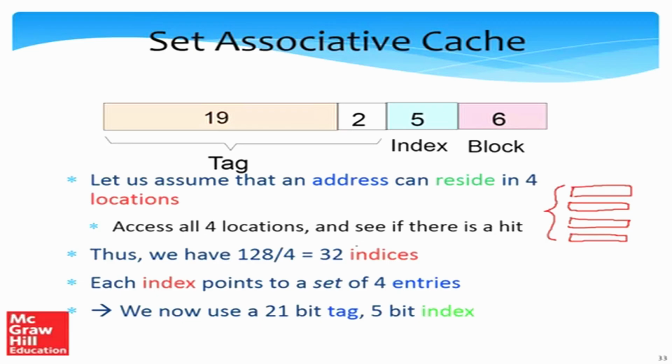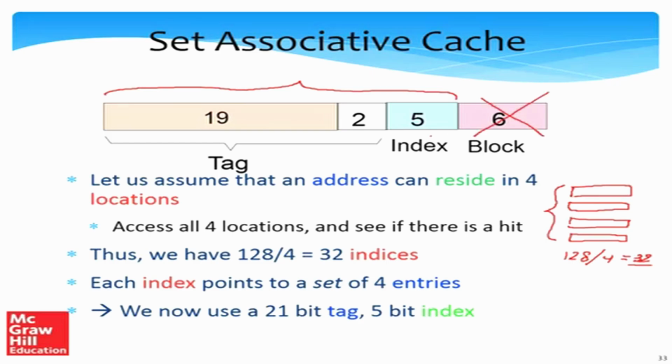If we create such 4-entry sets, how many sets will we have? We'll have 128 divided by 4, 32 sets. So the logic is as follows. We first consider the block address part, the part that determines the addressing of the block, and the lower 6 bits, of course, we will discard.